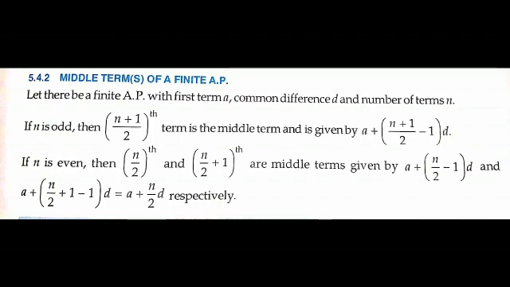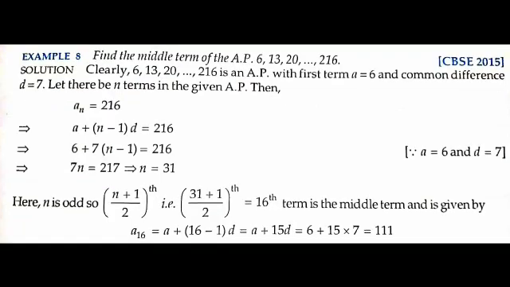Now let us try to understand this concept by considering a few examples. In the first example, find the middle term of the AP given by 6, 13, 20 and so on till 216.